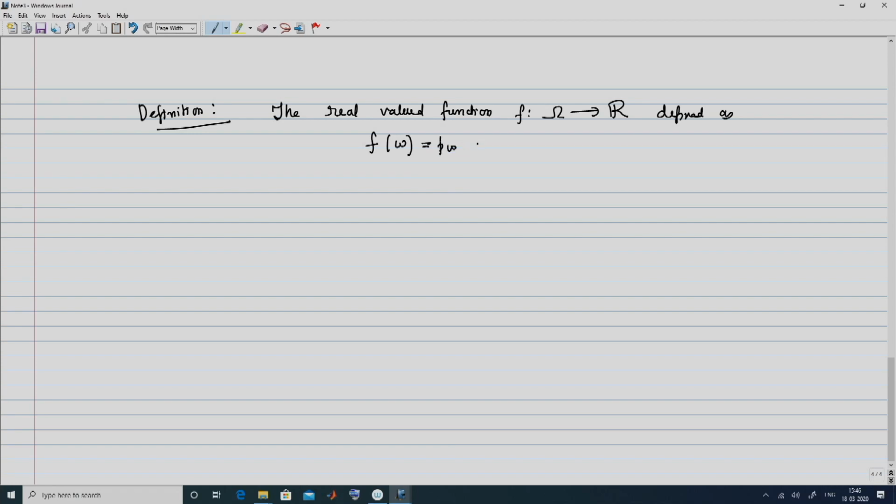If I define this real valued function, this is called the probability mass function.